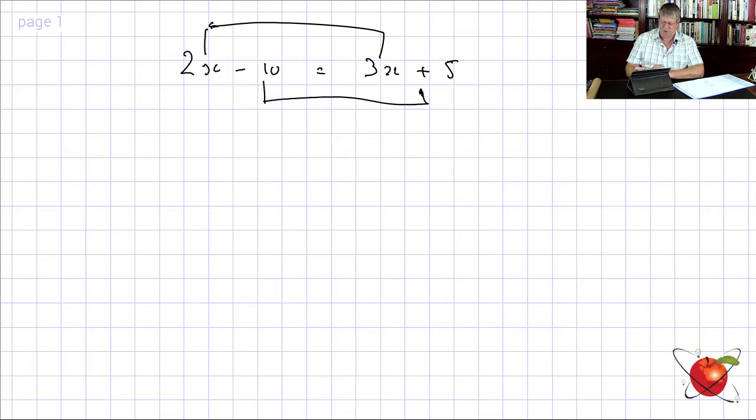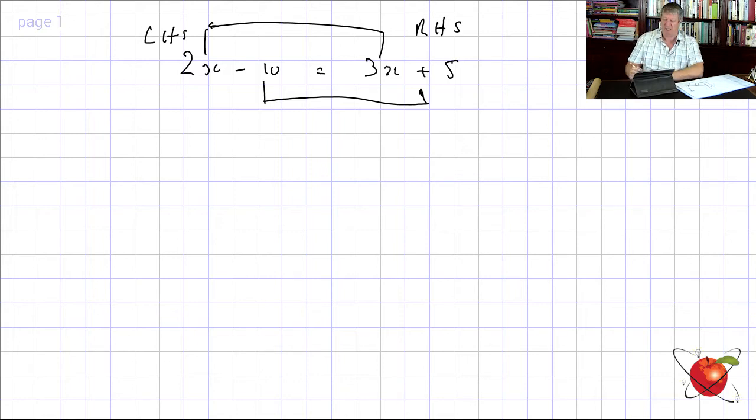So we move the x to the left-hand side and the right-hand side has all the numbers. How do we do that? We do the exact opposite. If we've got a plus, we subtract. If we've got a minus, we add. If we've got a multiply, we divide. If we've got a divide, we multiply.